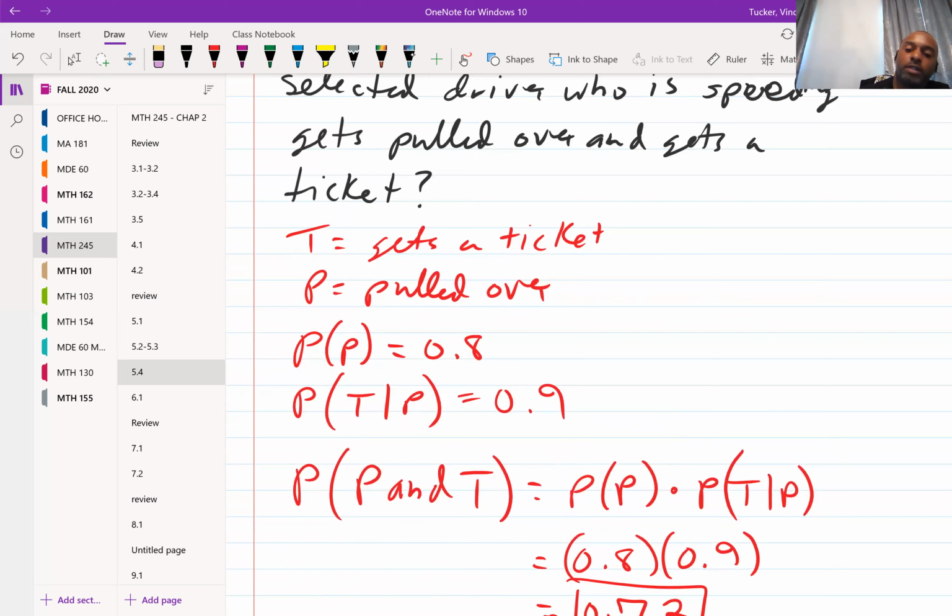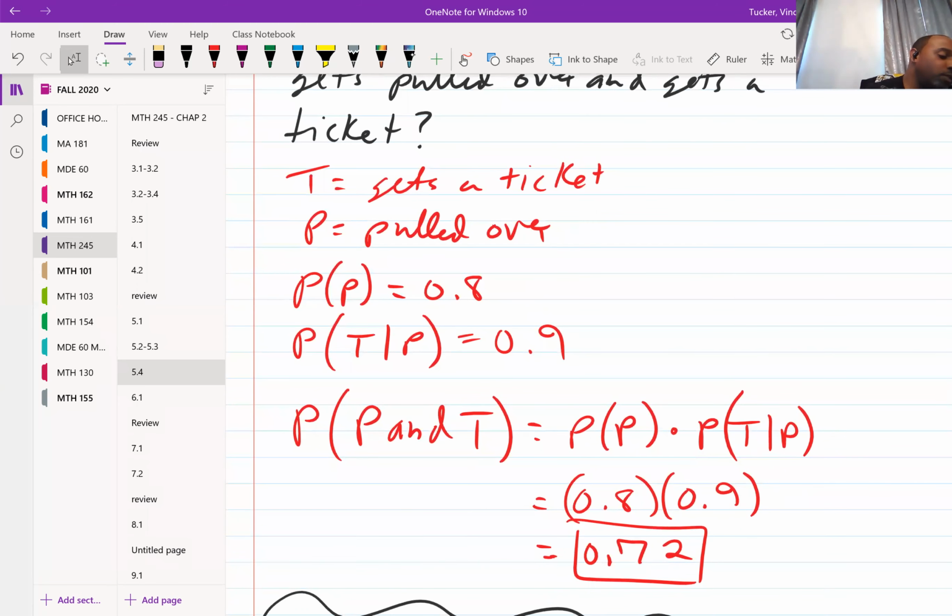Multiply those together and that'll be 0.72. Any problems with that?